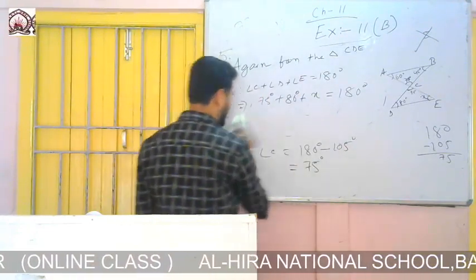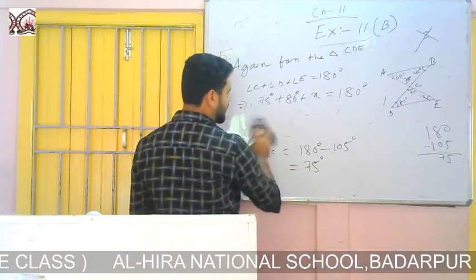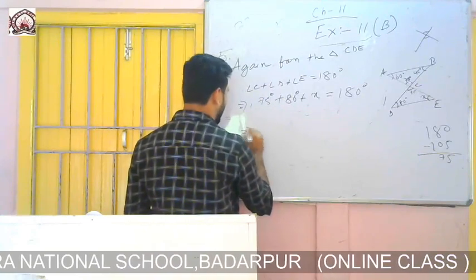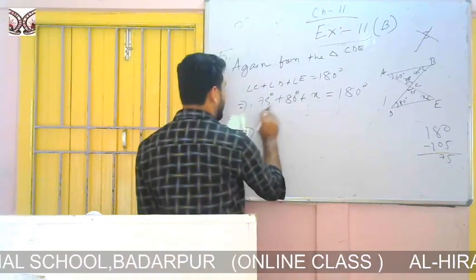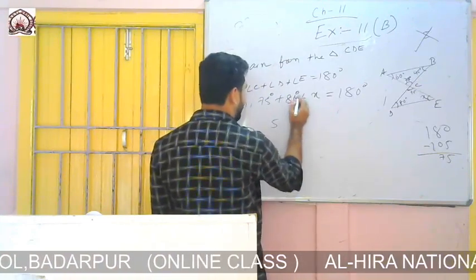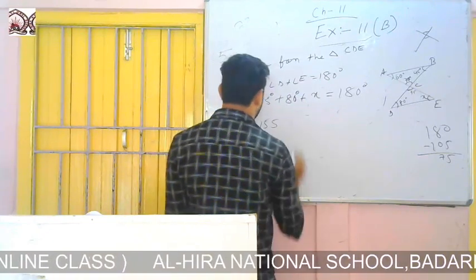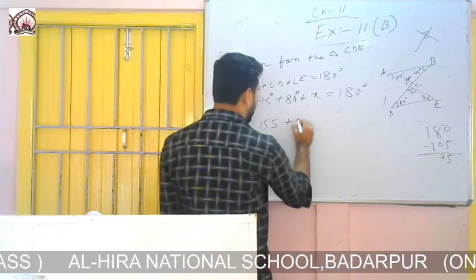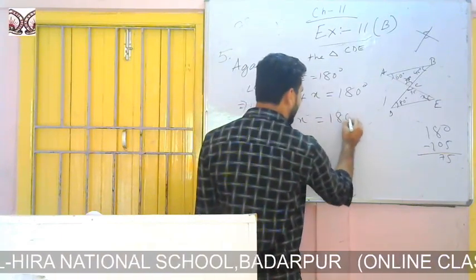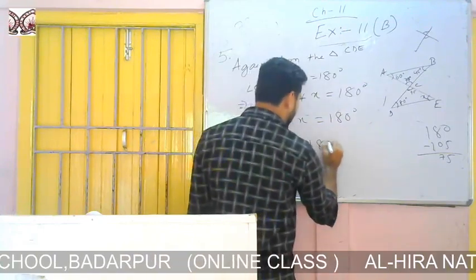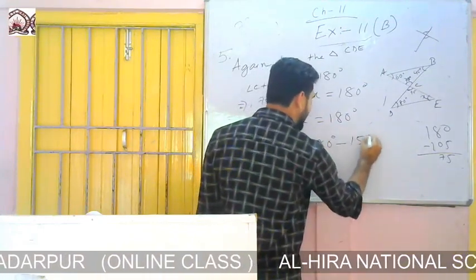Okay. So if I add, then I will get the answer. Okay. Then 80 plus 75, you see 5. Here 5 directly I can write 5. And 8 plus 7, 15. Plus X equals to what? 180 degree. Now X equals to what? 180 degree minus 155 degree.